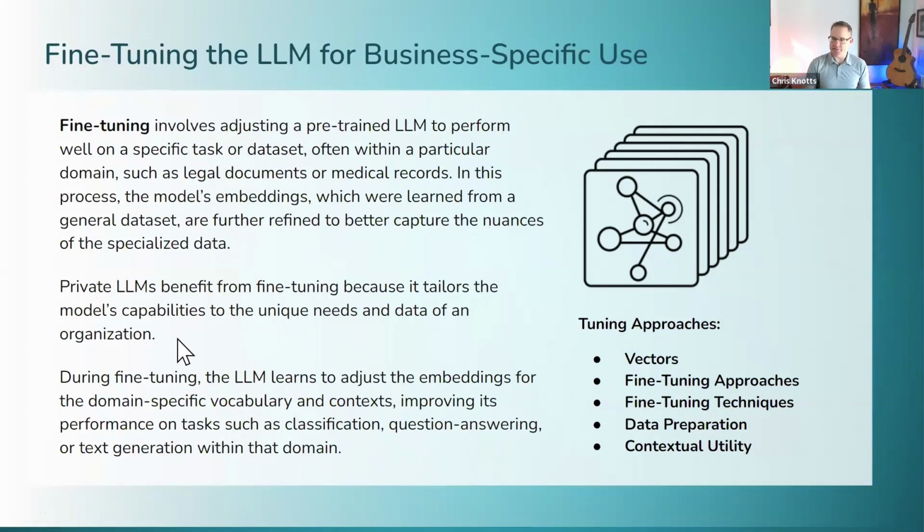So fine tuning, very important. And when you bring to bear the fine tuning approaches with the training data and the business specific data, now you're really realizing the potential of a private LLM, because it's going to be qualified to speak to your business case in a way that other LLMs will not.